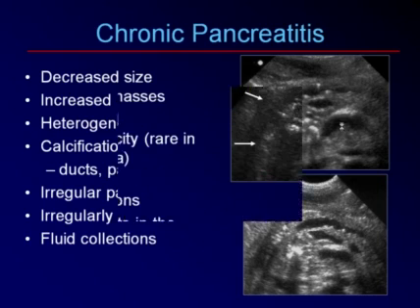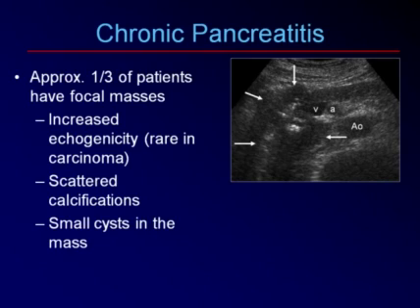Now, this chronic pancreatitis sometimes is focal. Most of the time it's a diffuse process with diffuse calcification, but sometimes it can be focal and can mimic a carcinoma. The giveaway is the areas of bright reflectors and shadowing, which is the calcium. So we can have scattered calcifications.